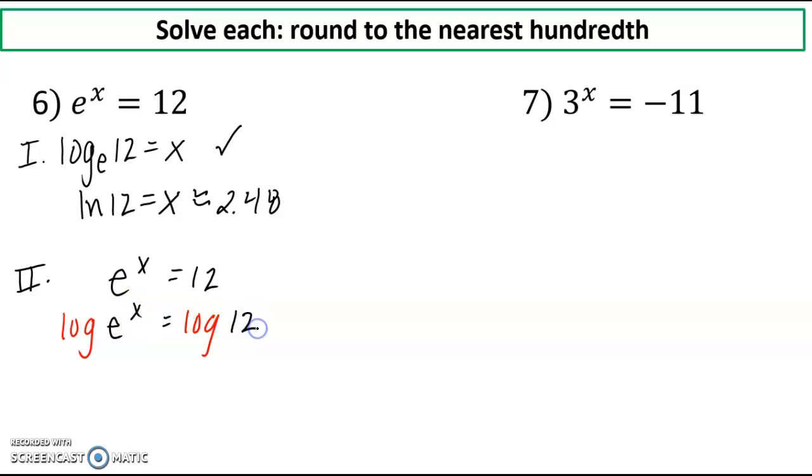It's still using the fact that logarithms and exponential functions are inverses of each other. But now if I just take the log of both sides, I can use my rule where I can bring my exponent out front of the logarithm. Log base e is the natural log. ln of e, we talked about this in class the other day, that's 1.